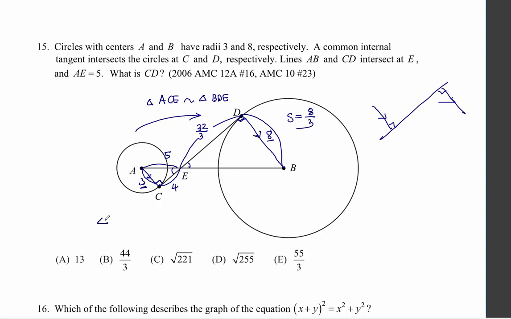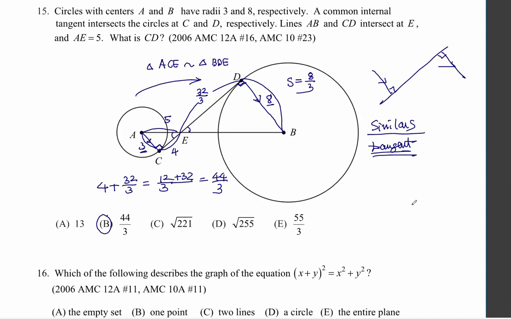So 4 plus 32 over 3 equals 12 over 3 plus 32 over 3, which is 44 over 3, okay? We just used similar triangles and tangent. Alright, that is number 15.